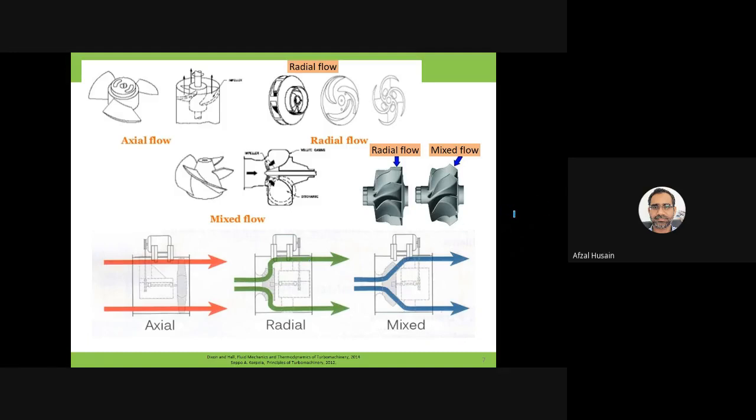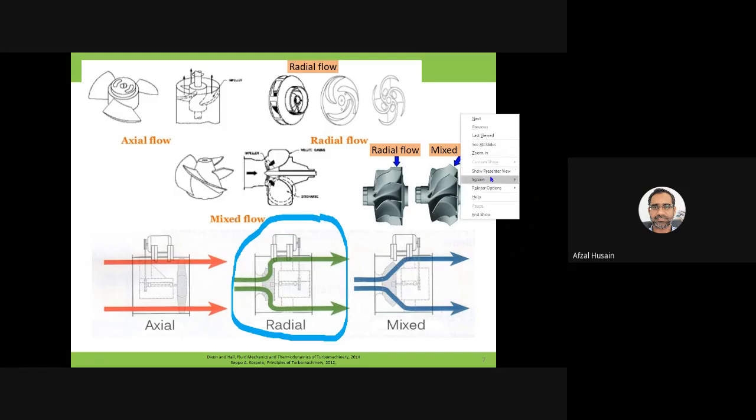Okay. Your centrifugal question will be clear in this diagram. Can you see this slide here? Yes. This is your radial machine, and we also call it a centrifugal machine because there is a centrifugal action involved in this machine. So what is happening here?